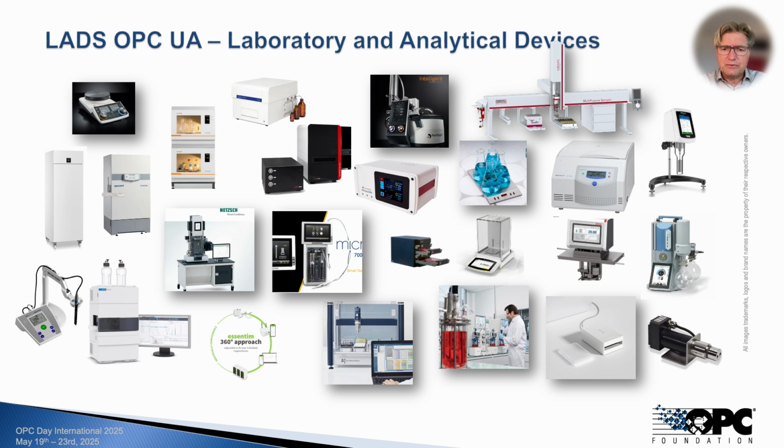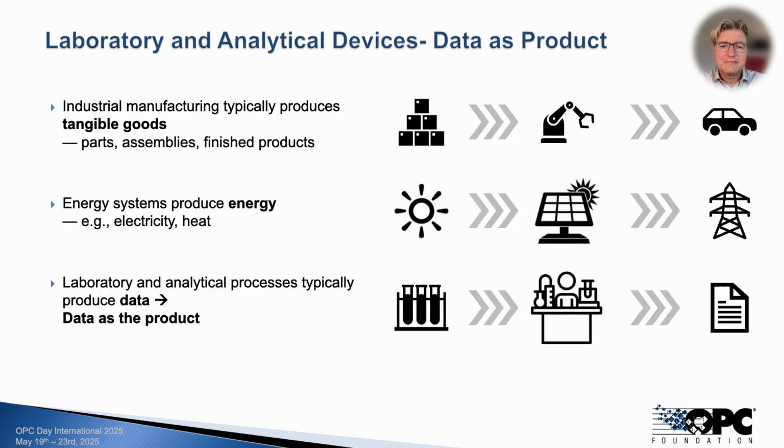Despite the variety in function and complexity, all these devices can be modeled using the same set of LADS OPC UA information model types. From the most basic to the most sophisticated device, LADS enables a consistent digital representation, enabling plug-and-play automation, orchestration, and seamless data integration.